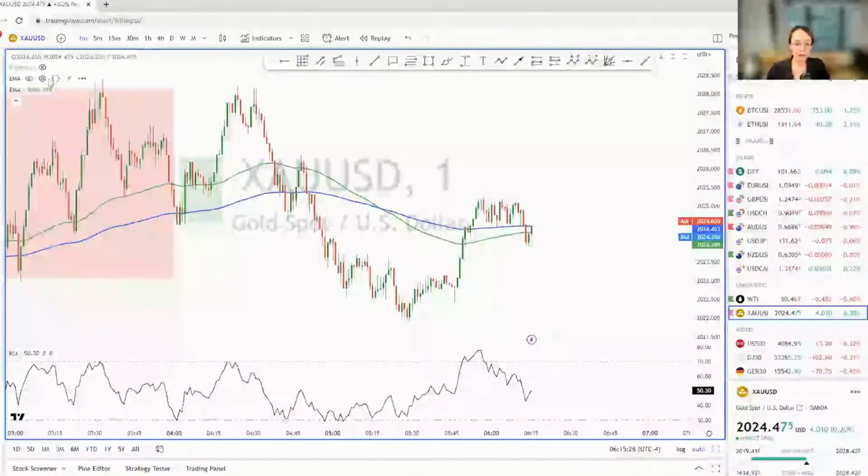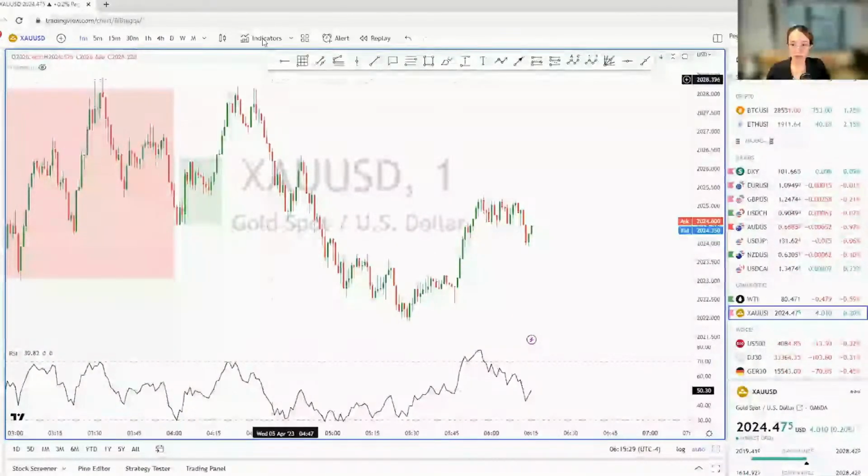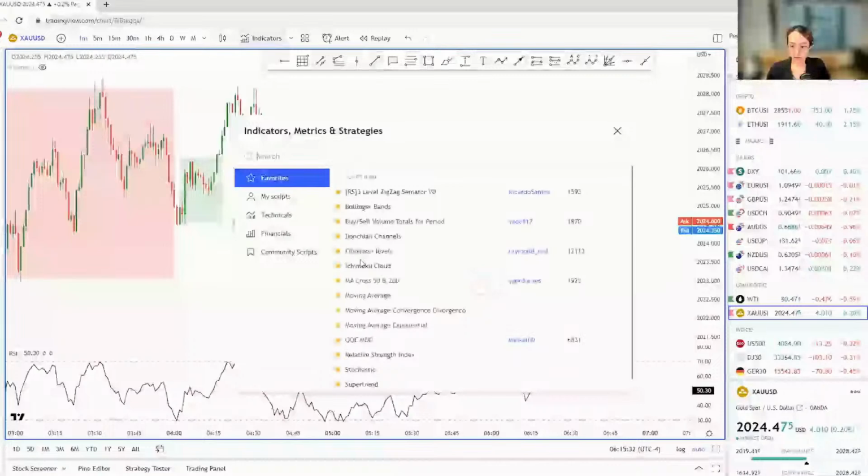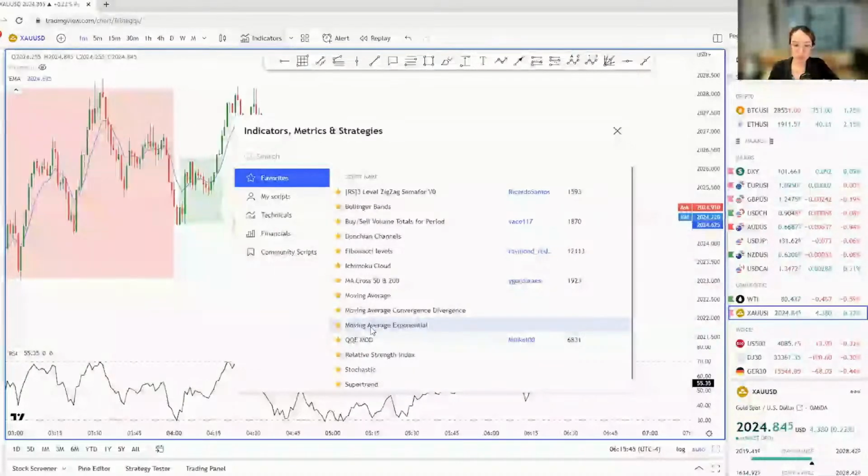Okay, no problem. So usually you go here to indicators. You can go to moving average exponential, called EMA. You can just click on it.